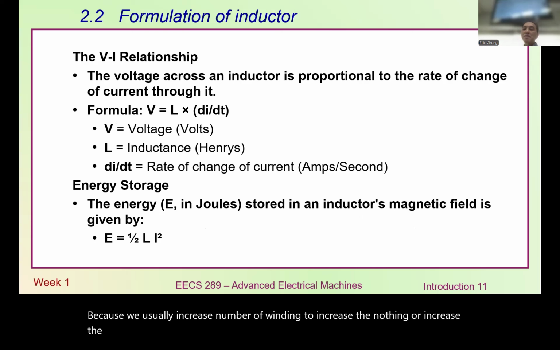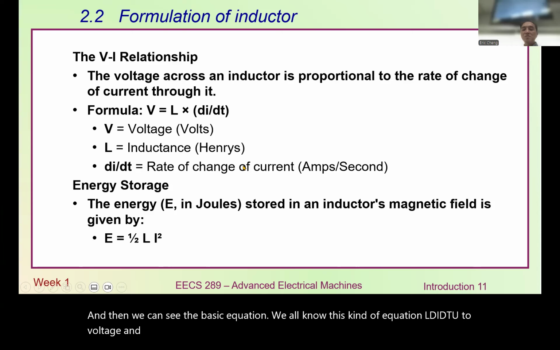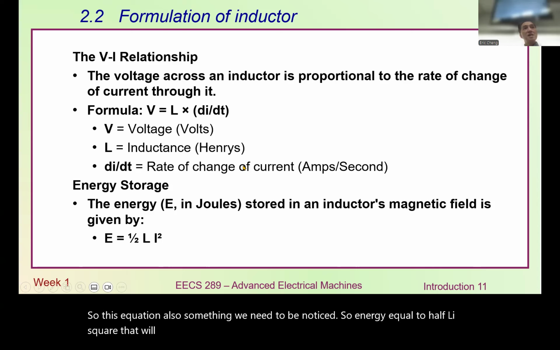Then we can see the basic equation, which we all know: L di/dt equals the excitation voltage, and then the rate of change. The energy storage is given by this equation, which is also something we need to note: energy equals half L i squared, which is the energy stored in the inductor.